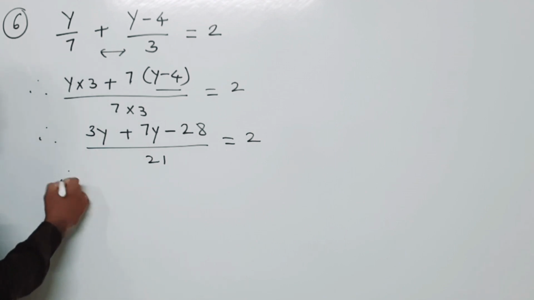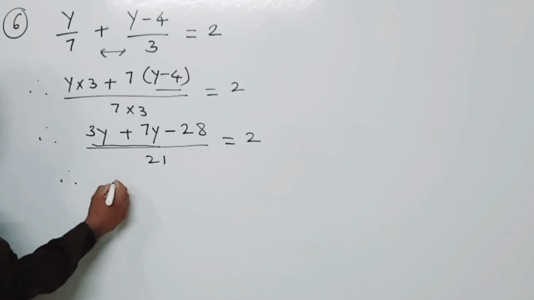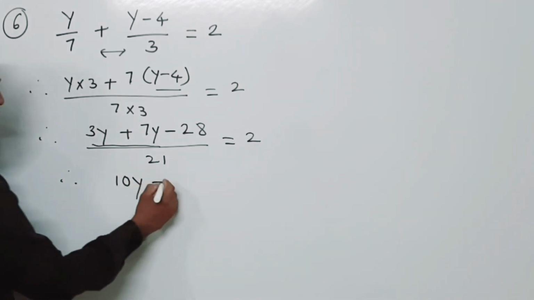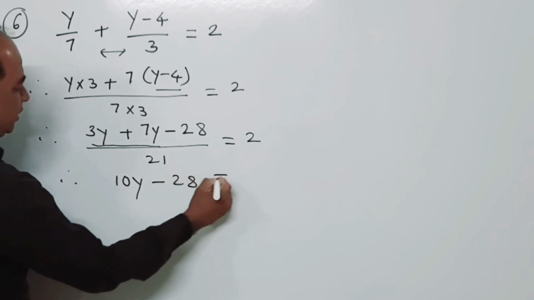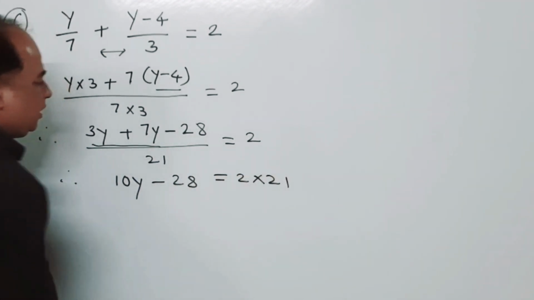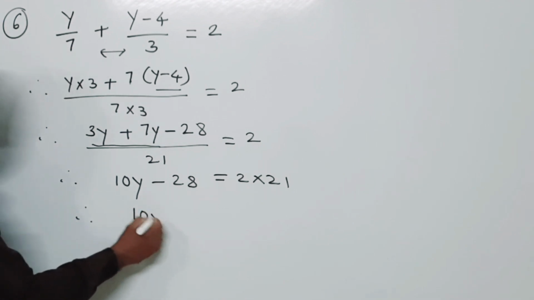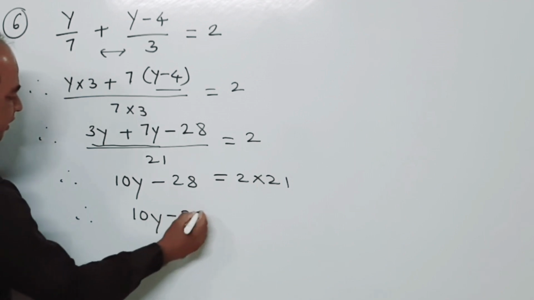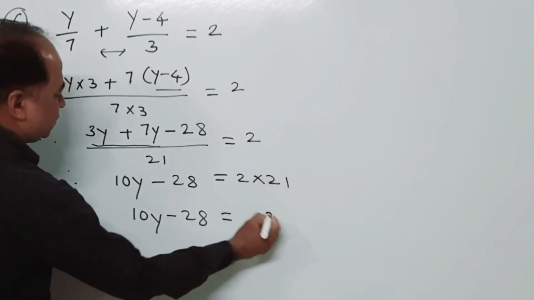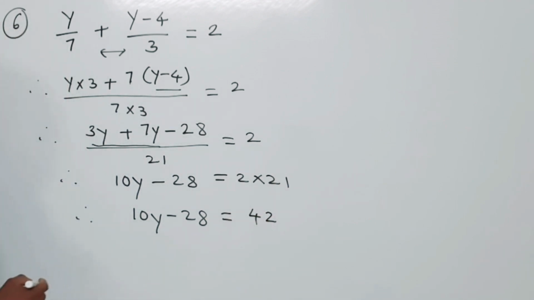So here 3y plus 7y is 10y minus 28 is equal to 2 multiplied by 21. Therefore 10y minus 28 is equal to, 2 ones are 2 and 2 twos are 4, so 42.